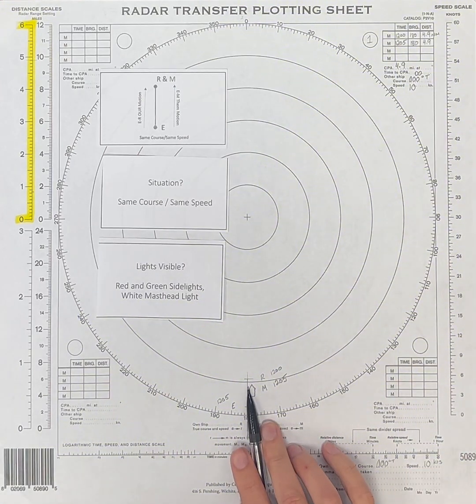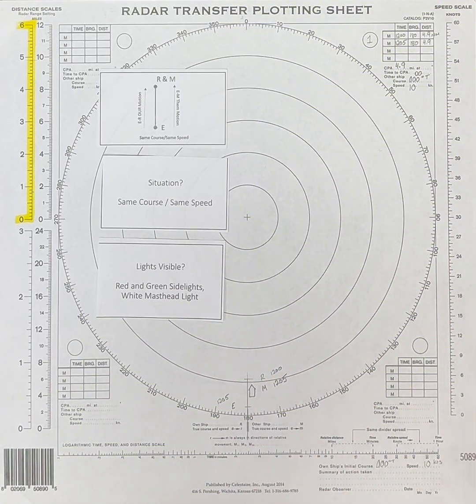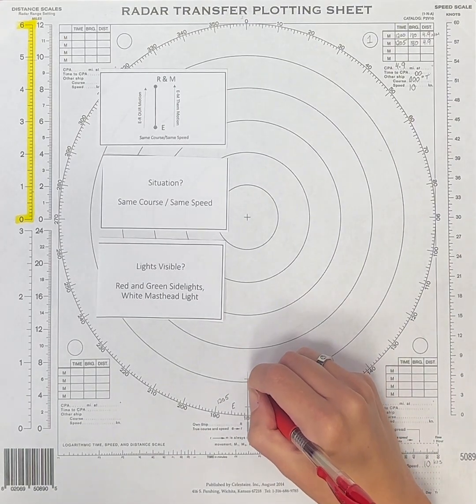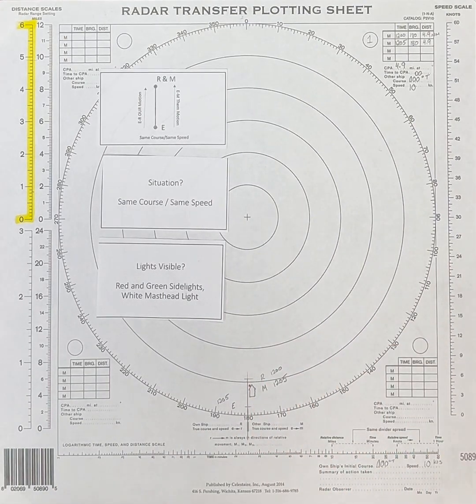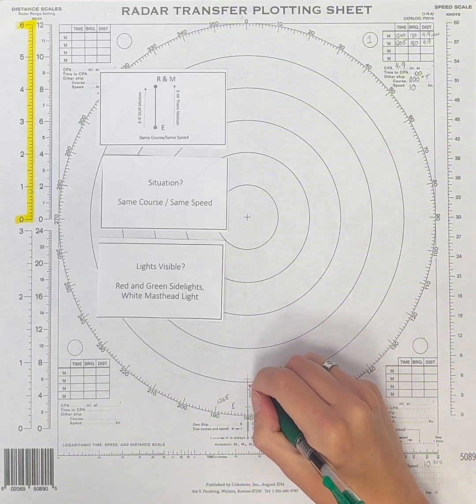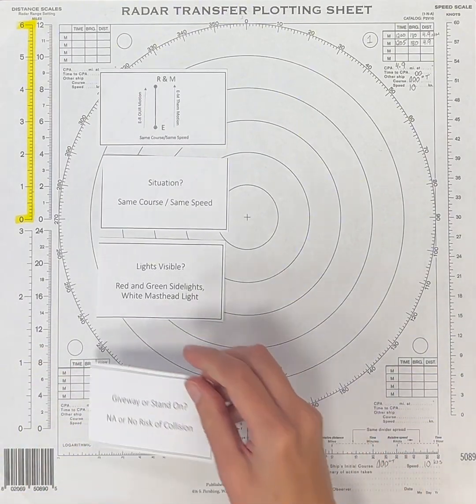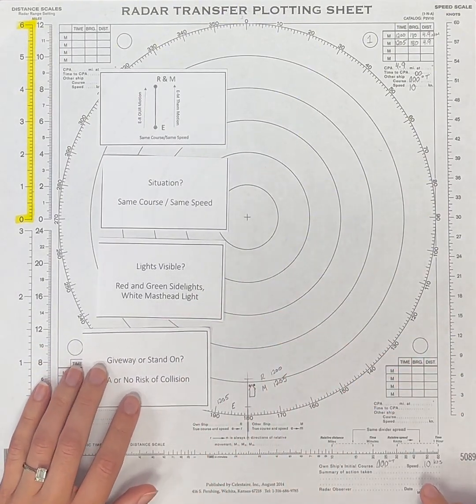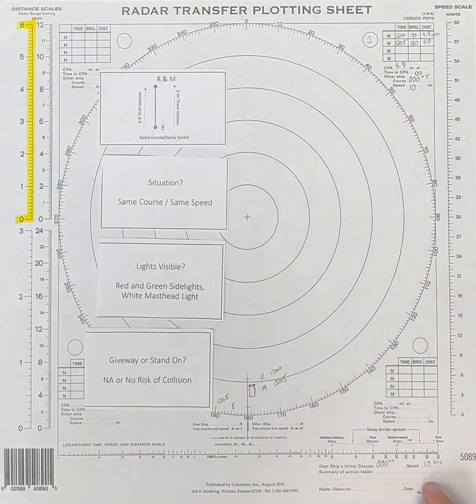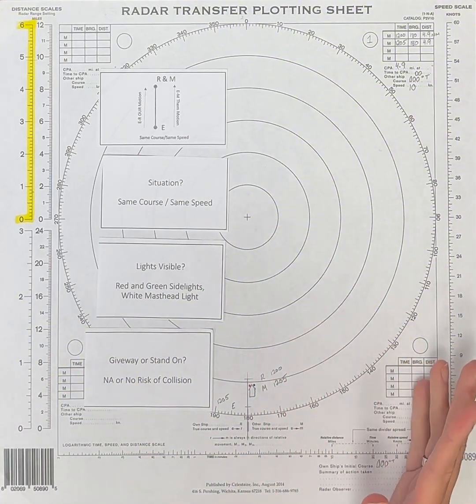So we would see their red and green side lights along with a white mast headlight. I always recommend drawing in the light colors to help you remember and easily visualize it. And then when you get asked, is this give way or stand on? It is simply NA.